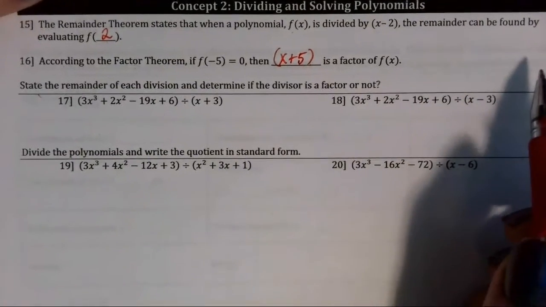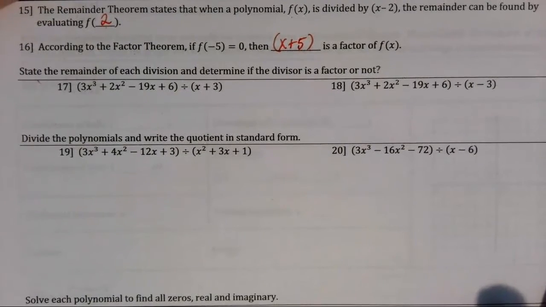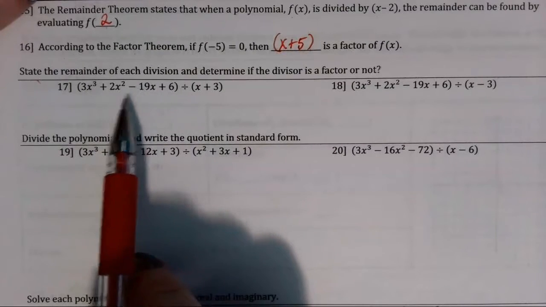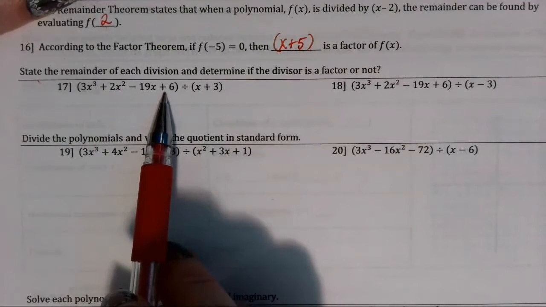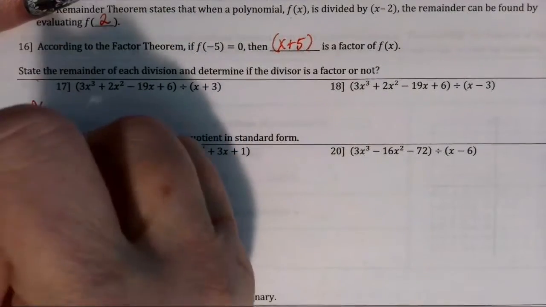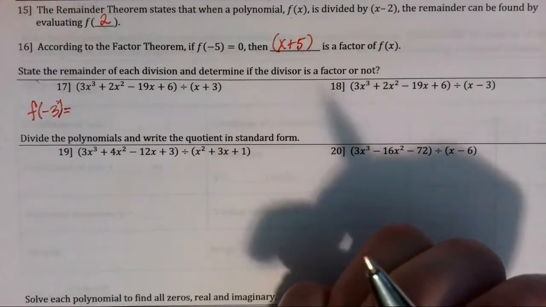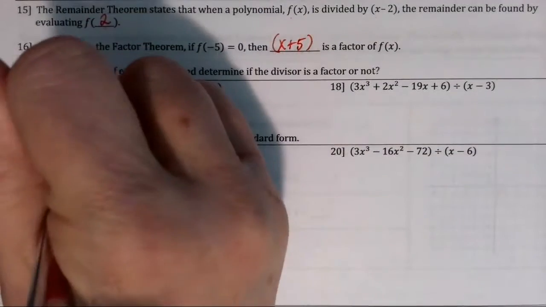Okay, then in number 17, we want to use that remainder theorem to determine if x plus 3 is a factor of 3x cubed plus 2x squared minus 19x plus 6. So I would be evaluating f of negative 3 by substituting a negative 3 in for all of the x's in my polynomial.